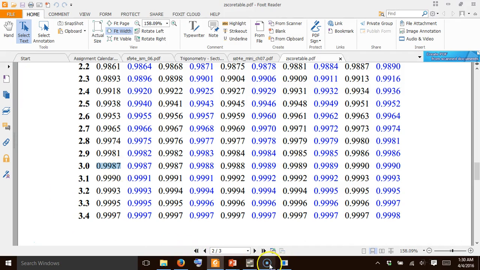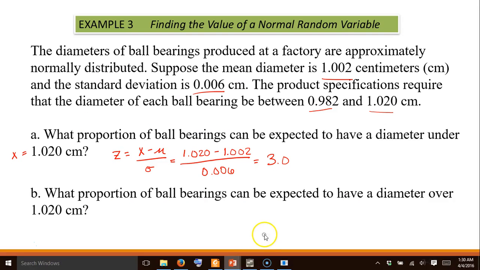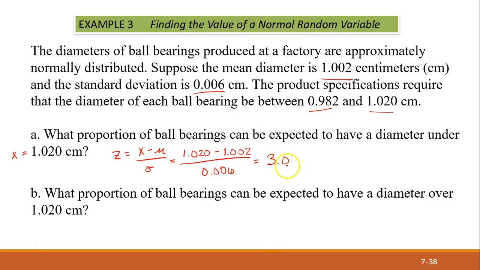So that there is the value that we are looking for. It's the proportion of ball bearings that can be expected to have a diameter under our given X value. So this Z-score gives us this area right here. And that is our answer.